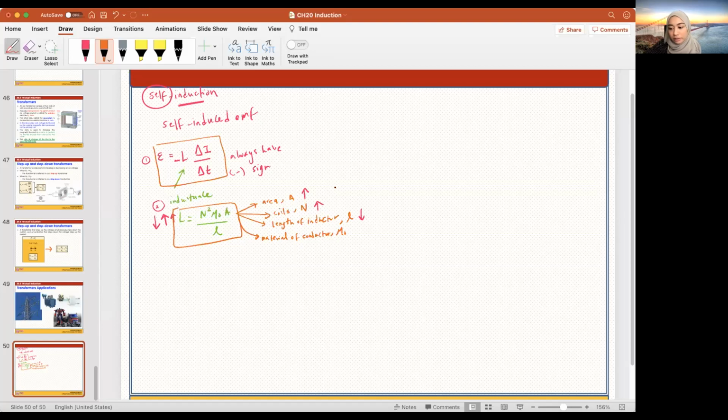The change in current influences the magnetic field, and the magnetic field influences the magnetic flux. When you have a change in the magnetic flux, you will get induced EMF. But for self-inductance, you just have to remember that you always have to have a change in the current in the system itself. So let's draw.